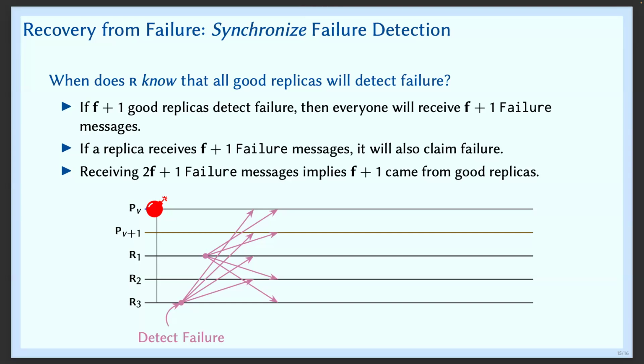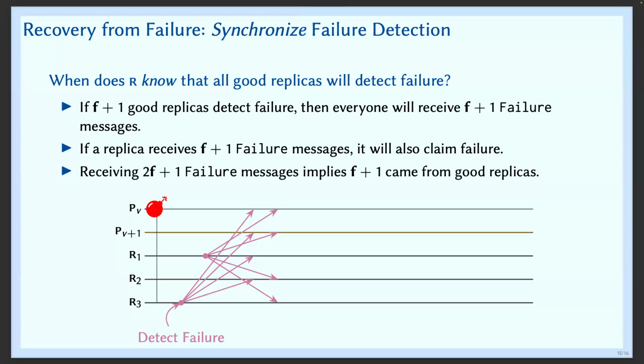So potentially a sequence of view changes will happen. We keep blaming the primary, doubling our timer, blaming the primary, doubling our timer, and eventually our timer will be large enough for progress to take place. So that's the high level.